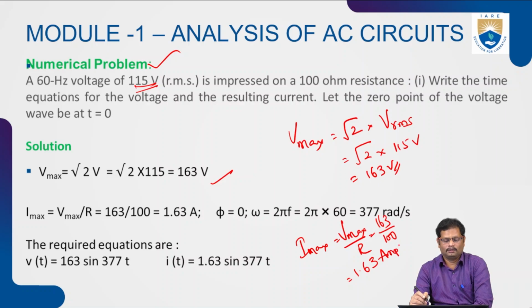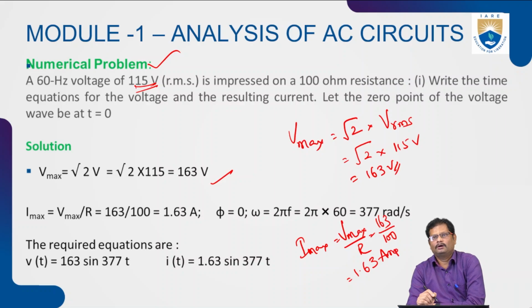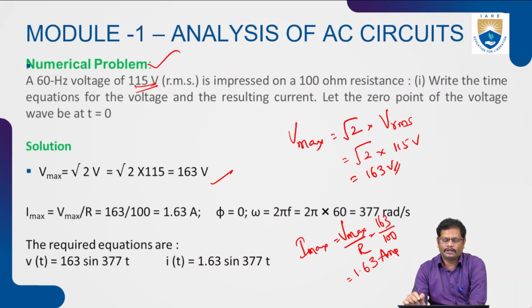And it is already given that at the 0 point of voltage, we need to find the value, that is at theta equal to 0. And angular velocity omega equal to 2 pi f.